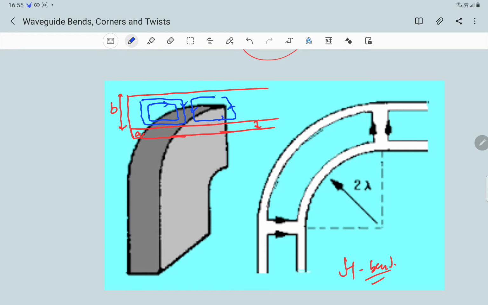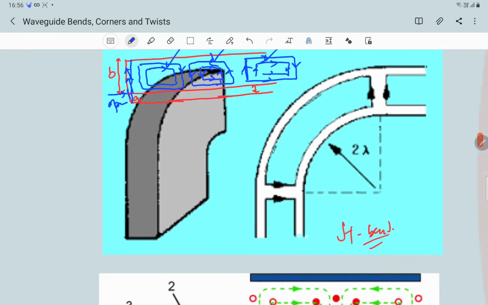This is the top view of the magnetic field along a waveguide, the waveguide H field, and the electric field would be upwards here at this port, or at this opening.